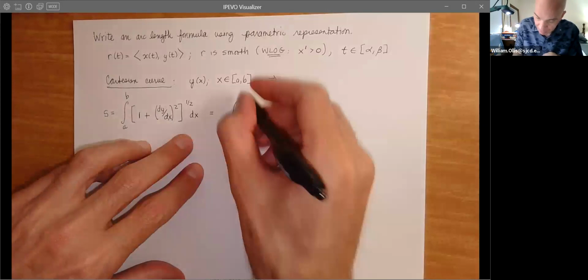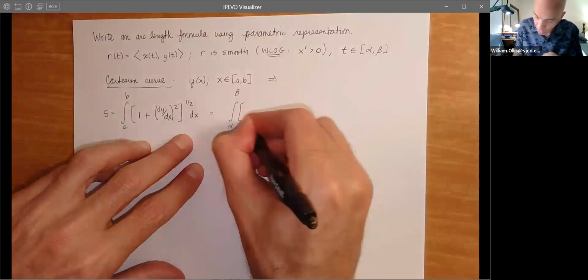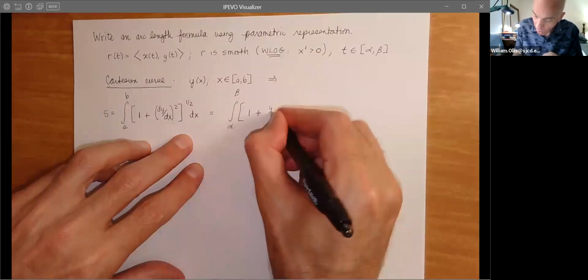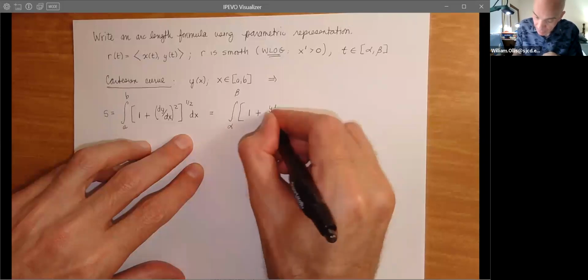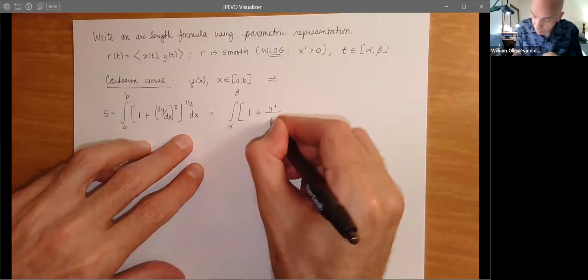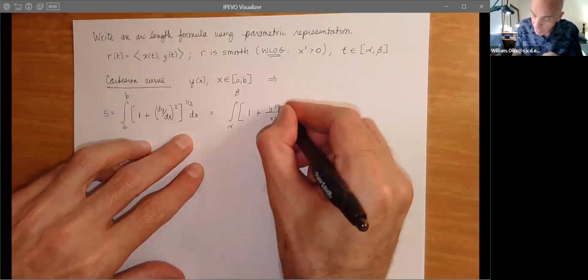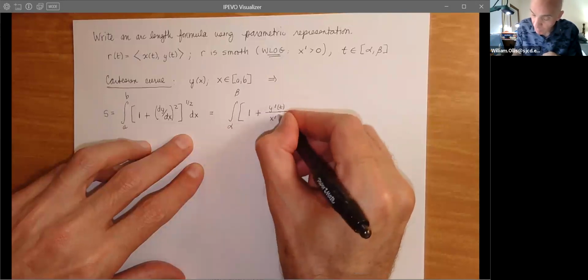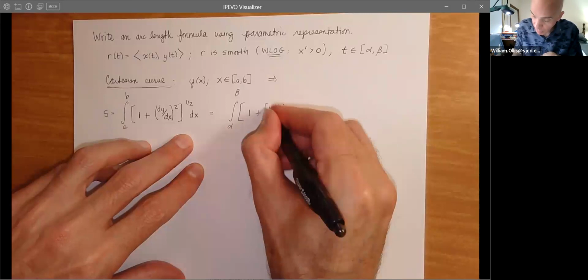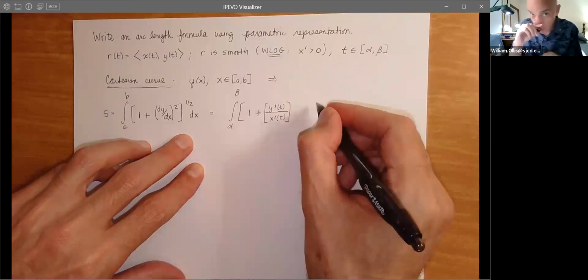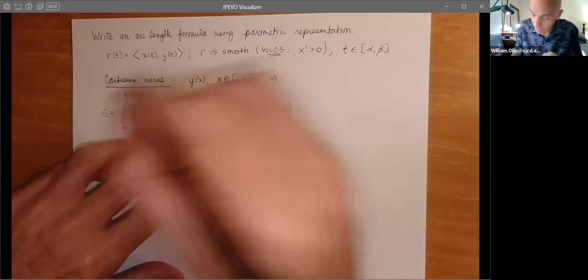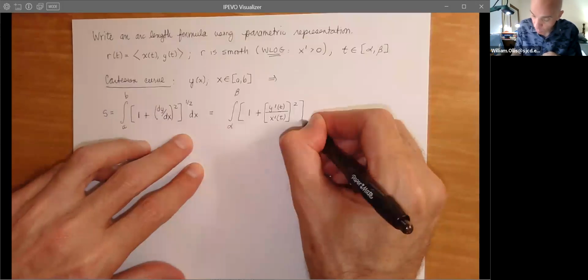So this will give us the integral from alpha to beta of 1 plus y prime divided by x prime squared, dx. Now I'll start out with the t, and then I'm not going to write it anymore so we don't go crazy. You know, it's a function of t, and so I'll just write y prime squared after this, just so we don't feel like we have to write forever.